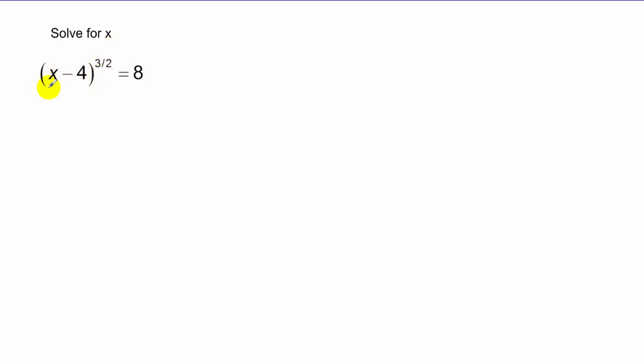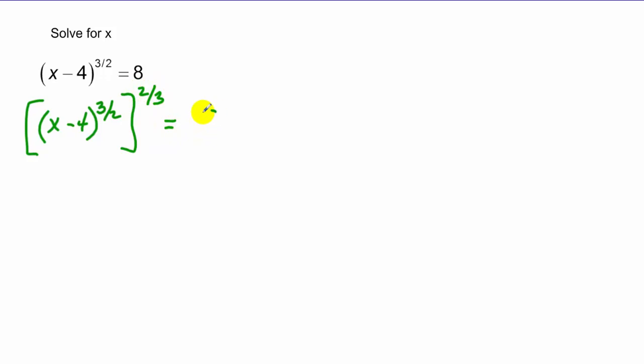Well, I know that when I raise a power to a power, I can multiply powers. So if I want to get rid of 3/2, I'd have to multiply that by 2/3. So in this case, I take the quantity to the 3/2 power and raise that to the 2/3 power.